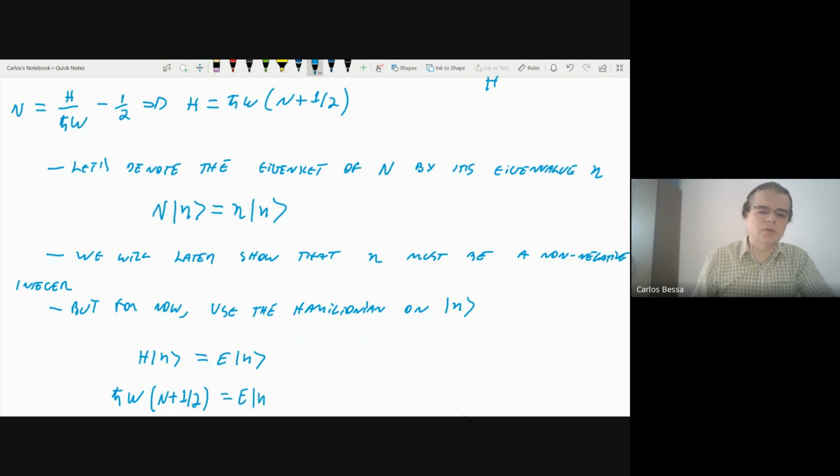And we know that when the operator N is applied to the ket n, the eigenvalue is the small n. So this will leave us with h bar omega n, because it's the result when N is applied to the ket n, plus 1/2.